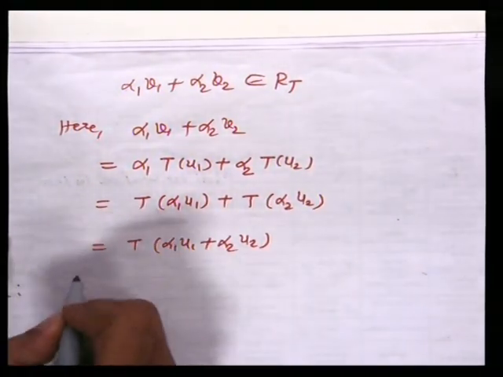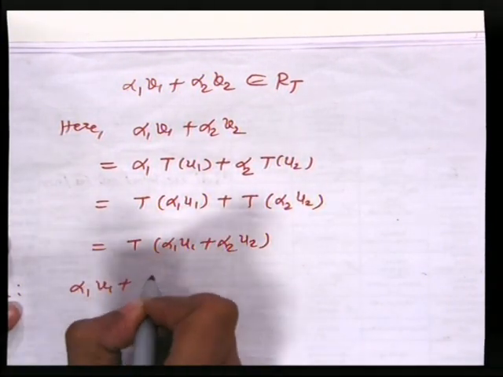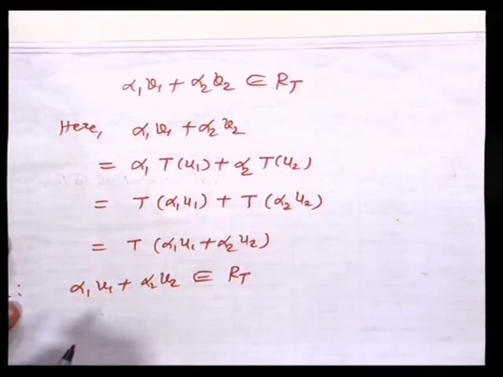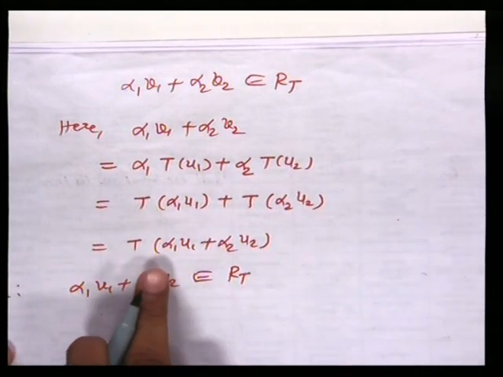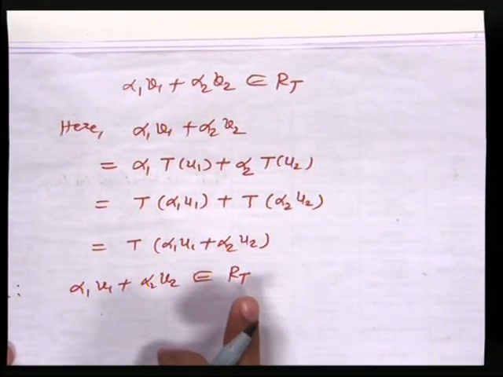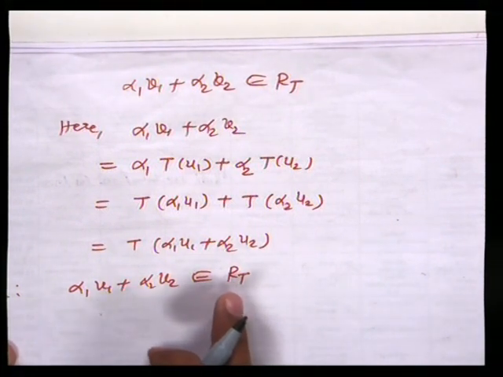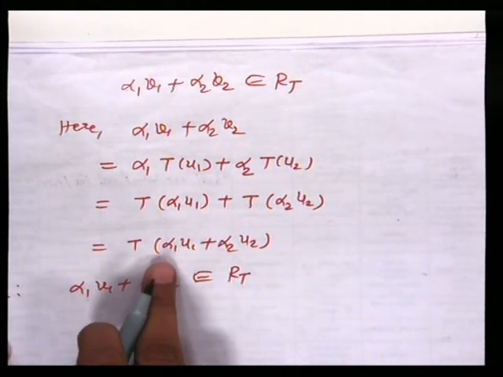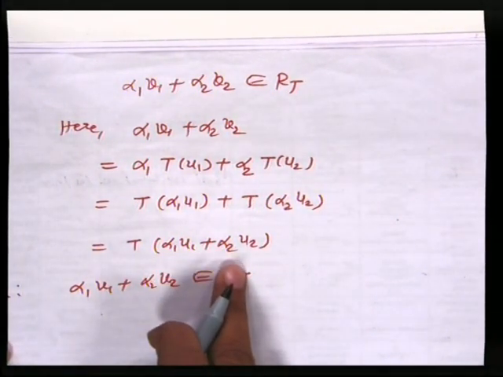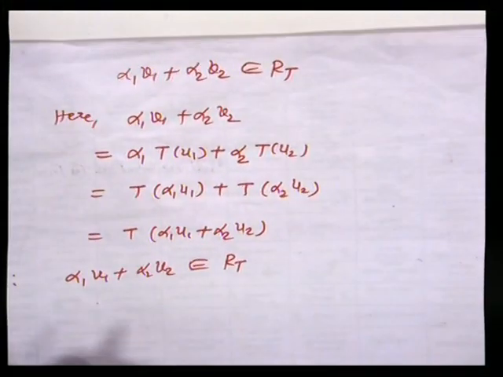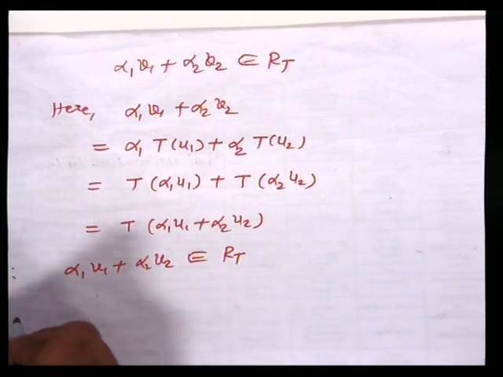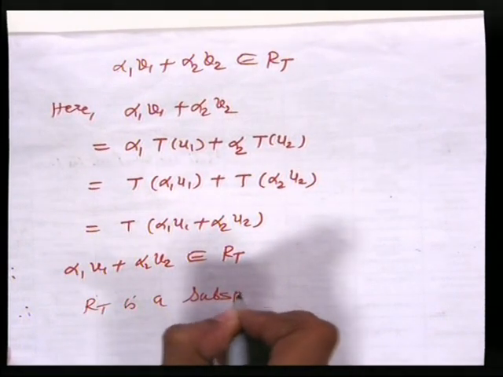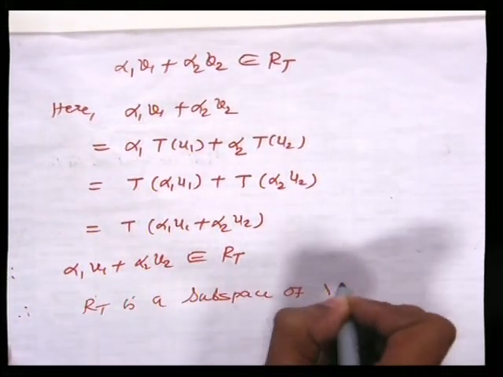So we have shown that alpha 1 V1 plus alpha 2 V2 belongs to RT, as it is an image of the combination alpha 1 u1 plus alpha 2 u2 belonging to U, because small u1 and small u2 both belong to the domain space U. Therefore this combination belongs to the domain space U. So this proves that RT is a subspace of the codomain space V.